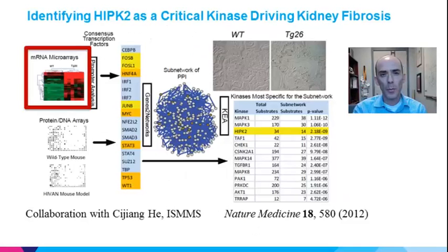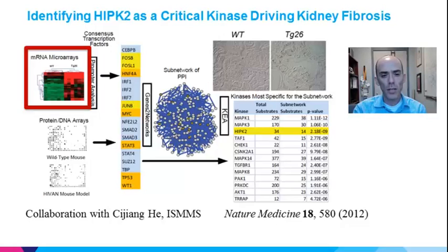So if you remember from the previous lecture, our lab is collaborating with Zhang, John He, who is studying the kidney disease called HIVAN. So we have gene expression microarray data from TG26 mice, which are a transgenic mouse model that develops kidney disease similar to the disease observed in humans. We also have gene expression from wild-type mice with healthy kidneys. Using expression to kinases, I showed you how we identified a kinase that potentially is involved in mediating the changes that lead to the disease in these mice.